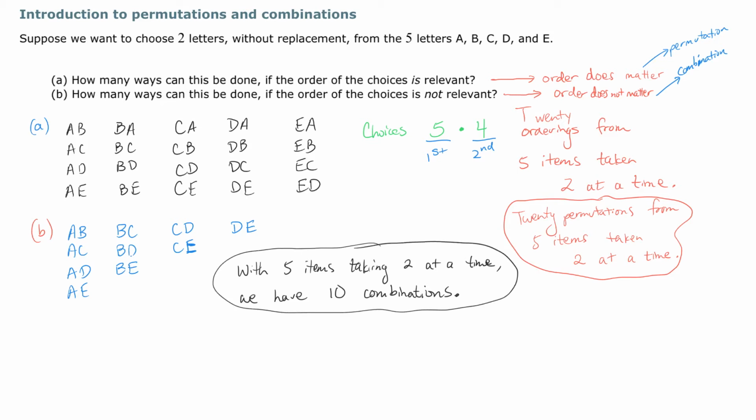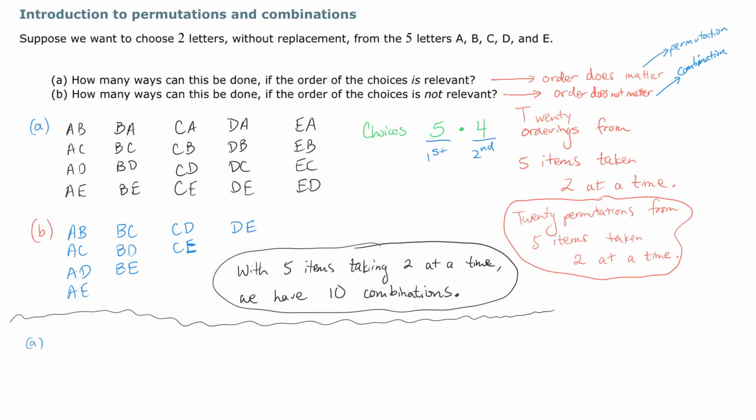Now let's look at these 2 problems in a slightly different manner. I'm going to go back to part A. And we're going to get 20 in a different way. And so going back to part A here, what's another way to get 20? We could find a pattern here.